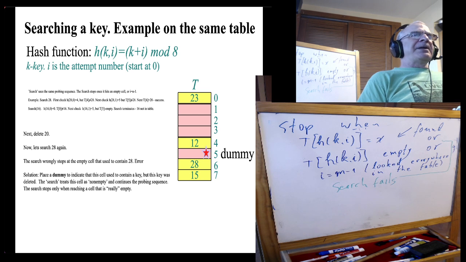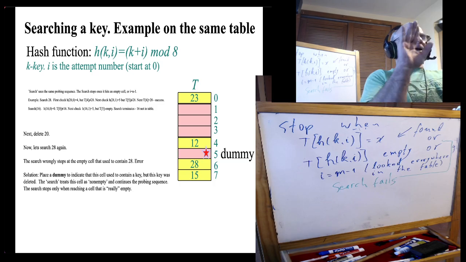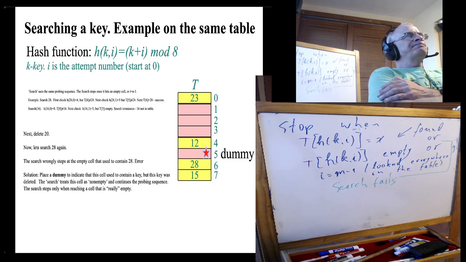And this dummy makes this cell have some dual citizenship. The cell now appears with two ways. Is a cell empty or is a cell occupied? And the answer is yes. The cell is empty and the cell is occupied at the same time.